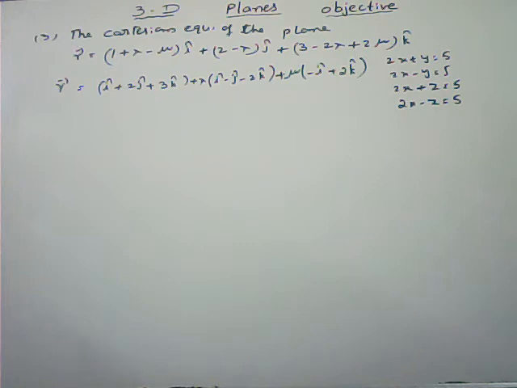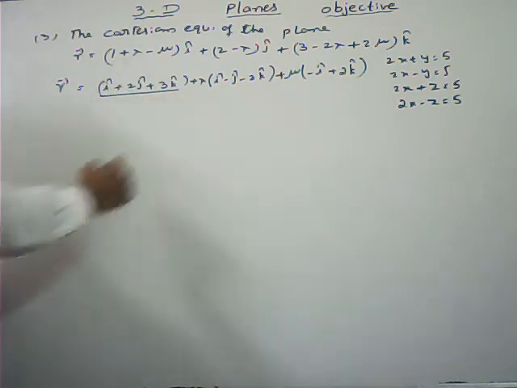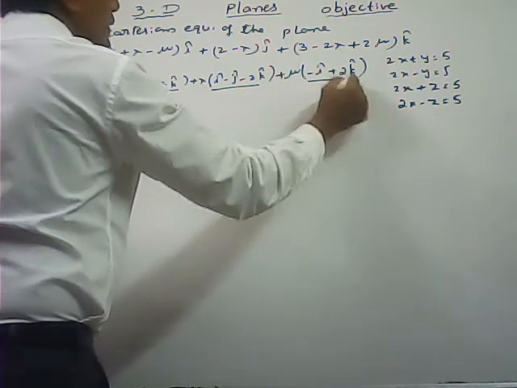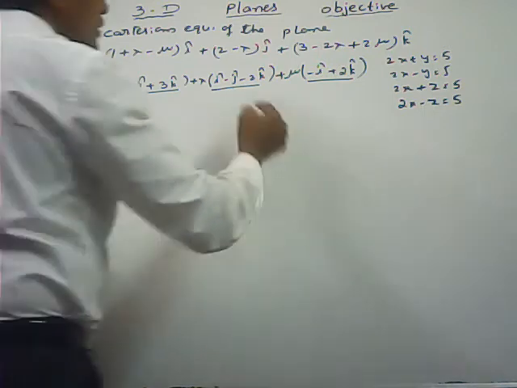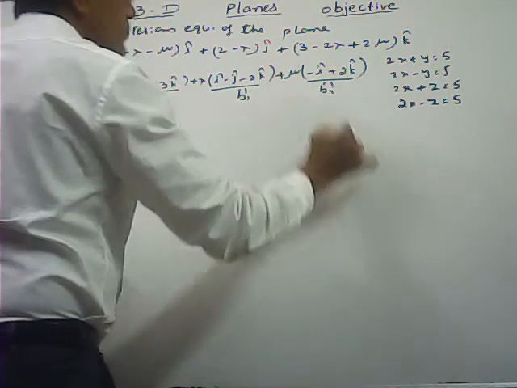What is the meaning of this one? The plane passes through this point and is parallel to these two vectors. This one I am taking V1 bar, this one I am taking V2 bar.